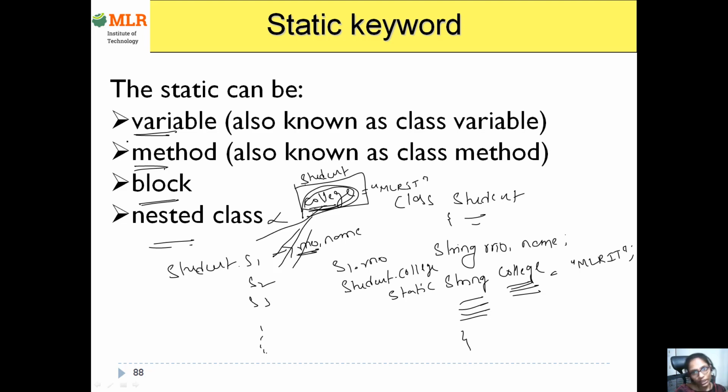If you are within the class itself, you can access it directly, like roll number or college. But if you are accessing it outside of the class, then you can use the class name to access the static data. So this is about static data. Next we will see one example for the static data.